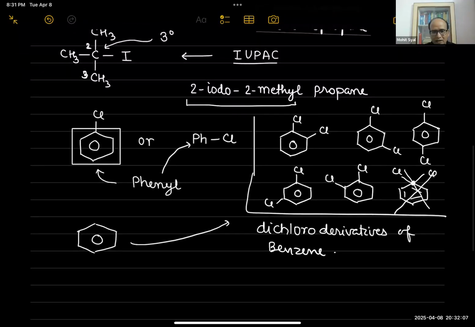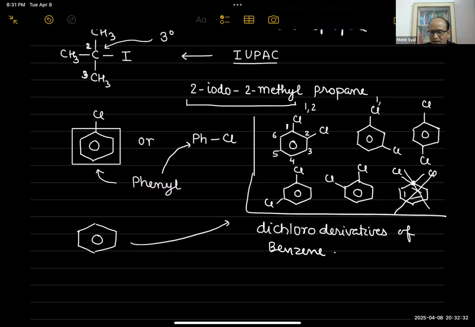How many are same and how will you number them? That is also very easy. All 3 of you can do. I will start numbering from this side, 1, 2, 3, 4, 5, 6. So that is 1,2-dichlorobenzene. I'm not writing the complete name, 1,2-dichloro.